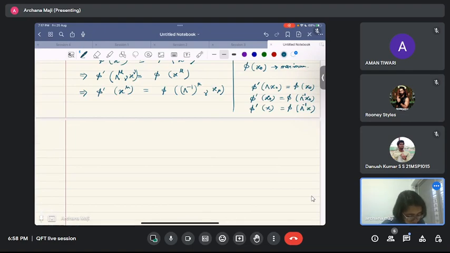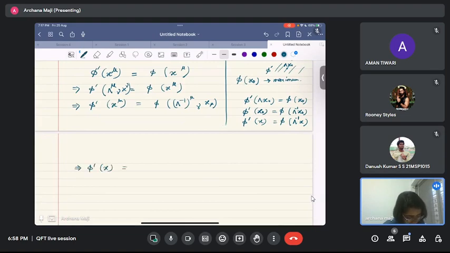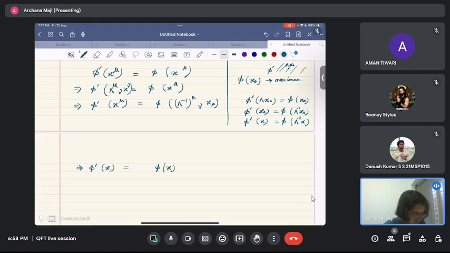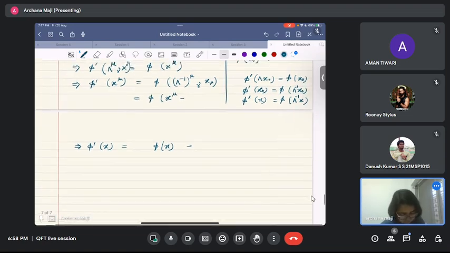Okay. Now consider this transformation to be infinitesimal, so that phi prime of x is phi of x minus... we can suppress the indices here... call it some lambda inverse mu nu.